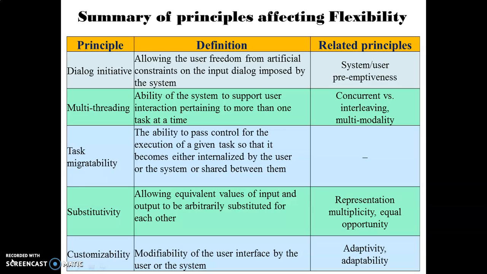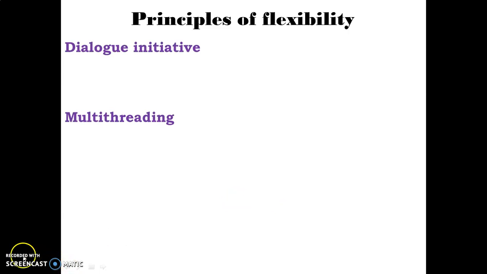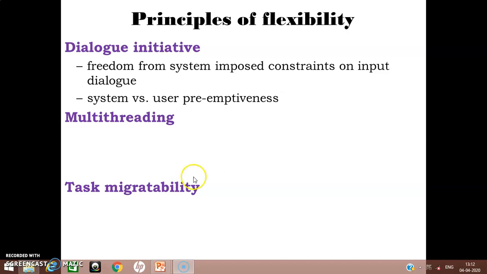The next broadly categorized principle is flexibility. The subcategories of that are mentioned over here with the definitions and the related principles. Let's see them one by one in depth. Dialogue initiative. When considering the interaction between a user and a system as a dialogue between partners, it is important to consider which partner has the initiative in the conversation.